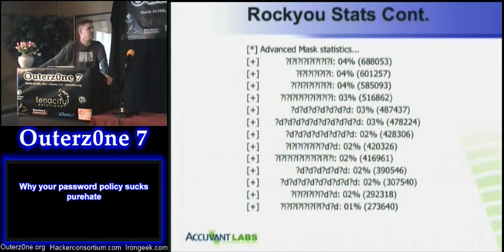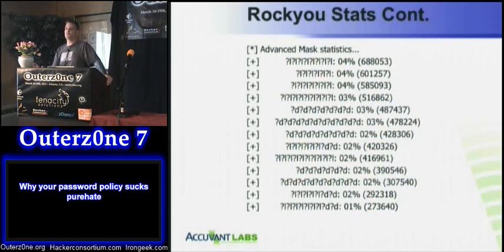The next statistic we want to look at is from this particular tool. What it does is it outputs the masks. Remember the masks we were talking about? It outputs the masks in lower, upper, digits. Something interesting that you can see in these top 10 or 15 or however many masks there are is that there are no U's. There's no uppercase at all.